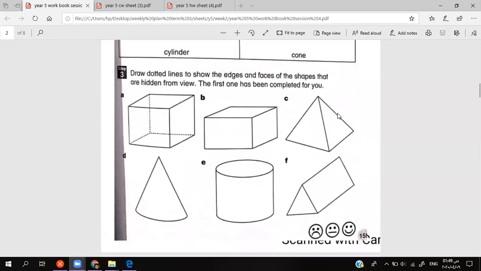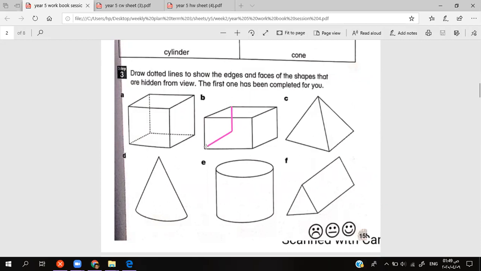Now, draw the dotted lines to show the edges and faces of the shapes that are hidden from the view. Okay, these are things that you should learn. So here is gonna be a line. It's very difficult to draw like that.